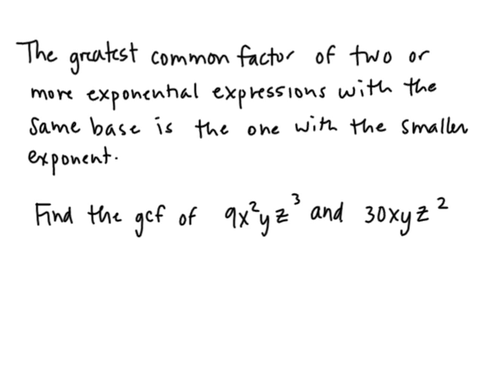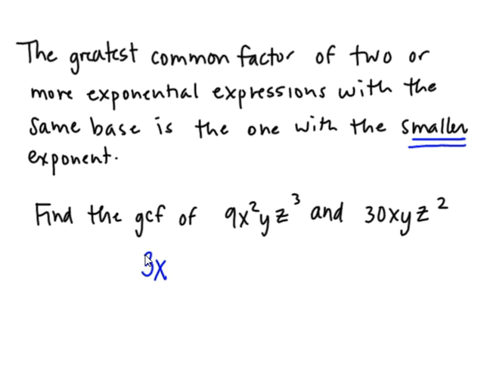First of all, we have to find what 9 and 30 have in common. So 9 has the factors 1 and 3 and 9, and 30 has other factors. But the factor that's in both lists would be 3. So both numbers have a 3 in common. Each of the expressions has an x in common, but the smallest x, going back to the definition, would be x to the 1.